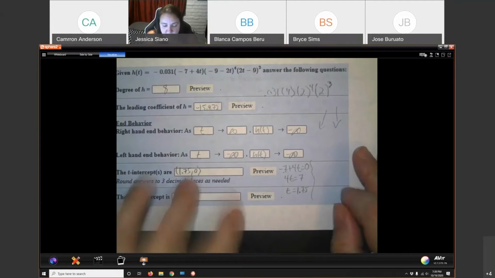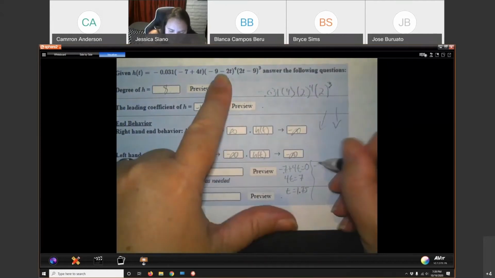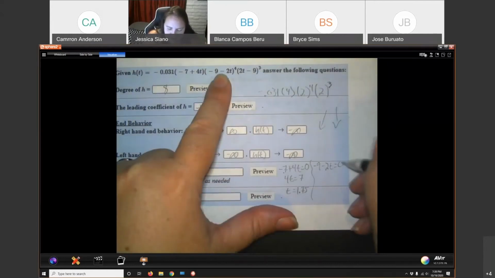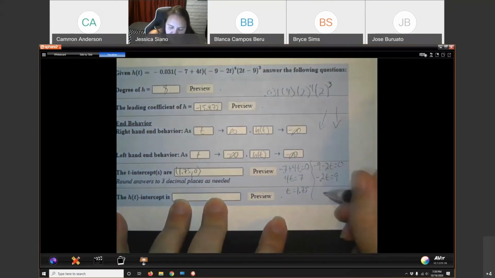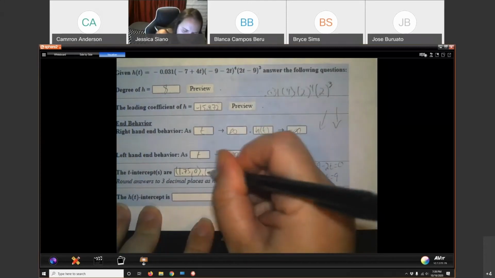Okay. Negative 9 minus 2t equals 0. So add the 9 and I'll have negative 2t equals 9. Divide by the negative 2 and I'll have t equals negative 4.5.